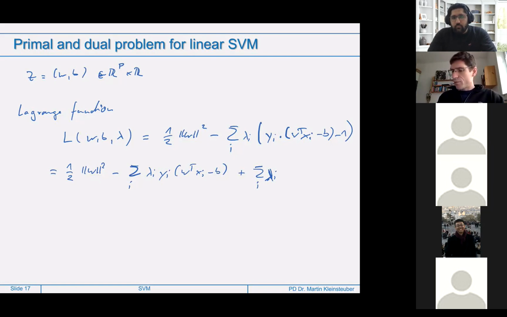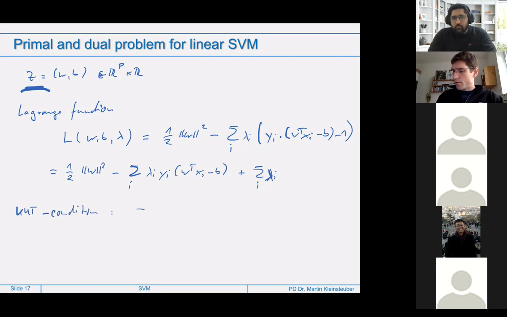Okay, now the question is, what can we find out about our best W star and B star and lambda star? This is the question. And the Karush-Kuhn-Tucker conditions, so the first one said that the gradient of this Lagrangian function with respect to our unknown z is equal to 0, right? And this is the first KKT condition.